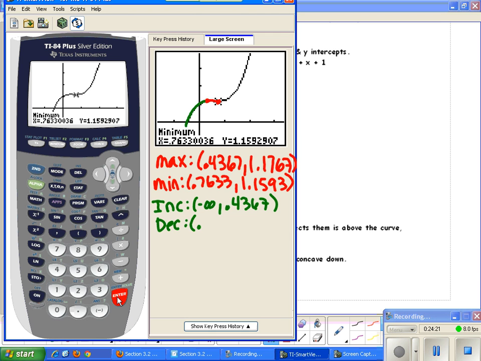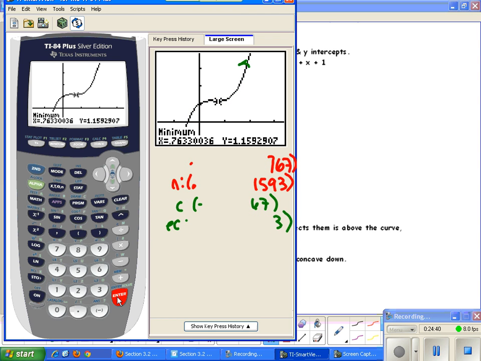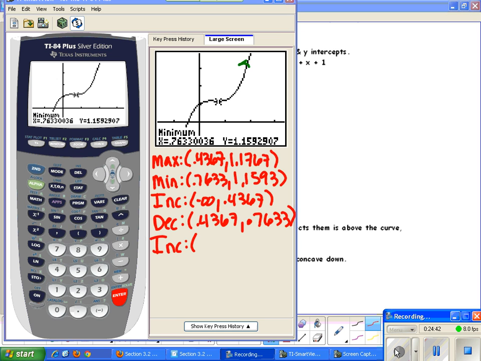So I'm decreasing from 0.4367, the x value of my maximum, to the x value of my minimum, which is 0.7633. Then the next part, I am going to be increasing again. So increasing from 0.7633 to infinity, from here to here, I am going to be increasing. So those would be my intervals.